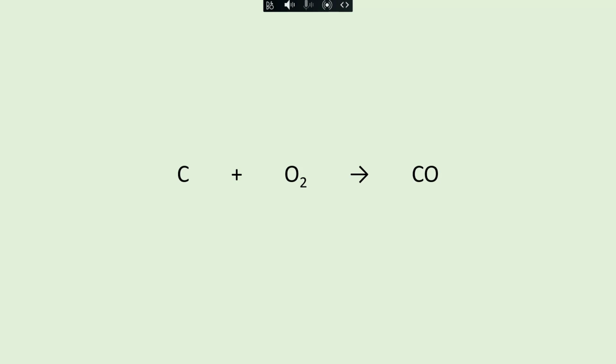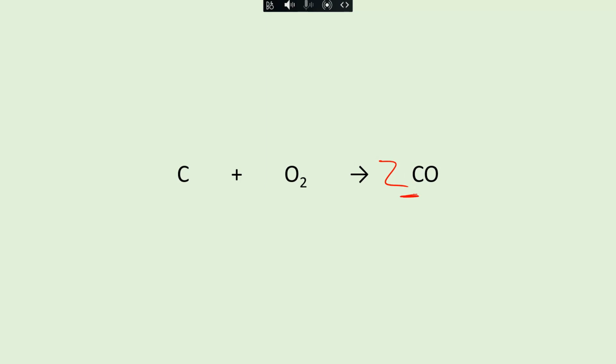Let's start with C. Well, we have 1 carbon and we finish with 1 carbon. Carbon is balanced. Let's do the oxygen. We start with 2. We've only got 1 at the end, so we need to have 2 carbon monoxides, because now I've used my 2 oxygens. But now I'm needing to use more carbon. So now I'm saying that I've actually used 2 carbons. Now remember, before carbon was balanced.